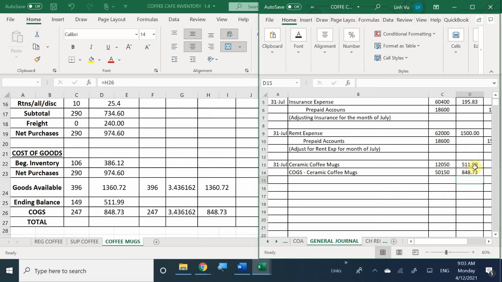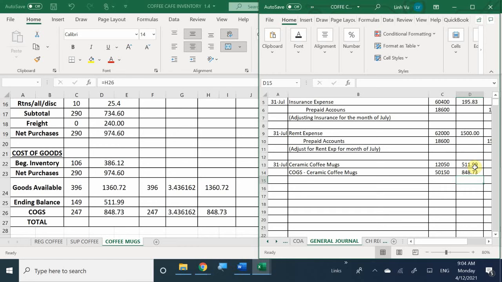What are we converting into inventory? If you remember my coffee mugs, when I purchased them, what did I place them as? What did I recognize my coffee mugs as?